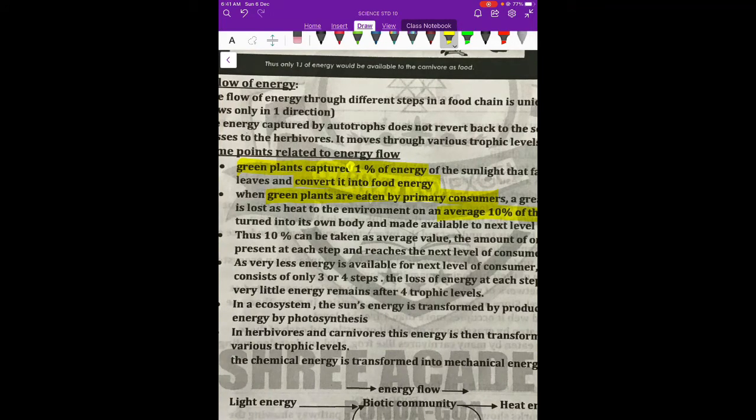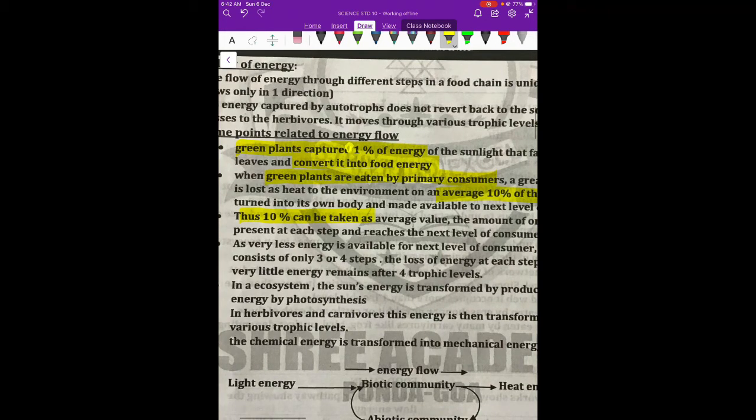Now these herbivores are then eaten by carnivores. Again we find that on an average 10% of the energy is transferred, because 90% of the energy is utilized by the living organisms for their maintenance. So at each step there is a transfer of energy of only 10%.